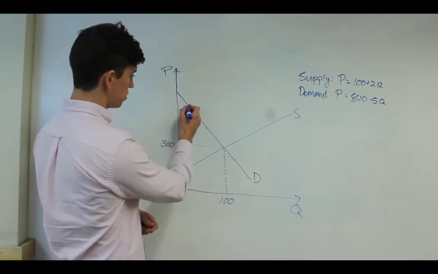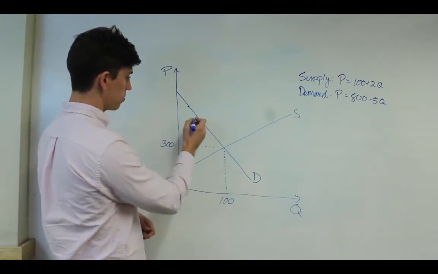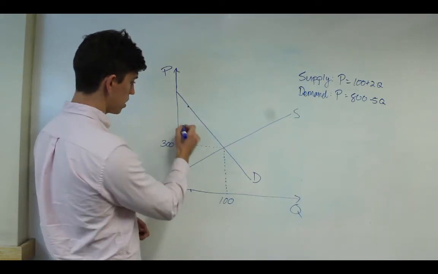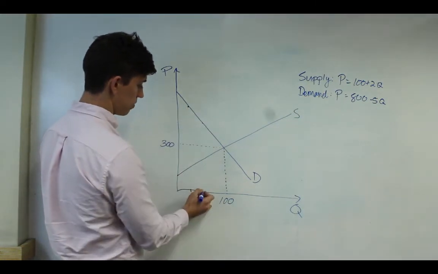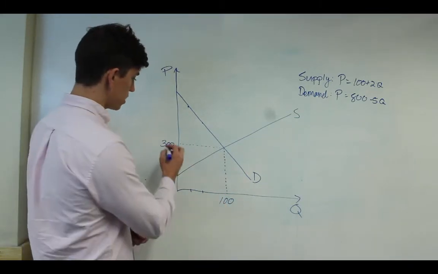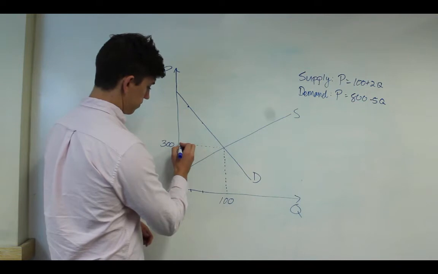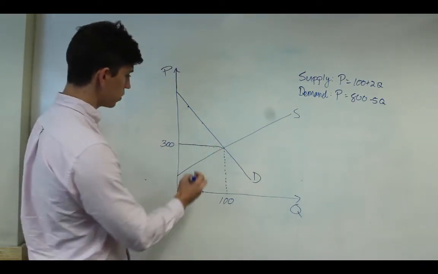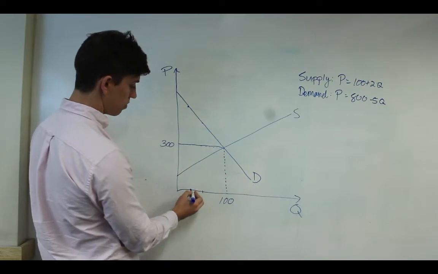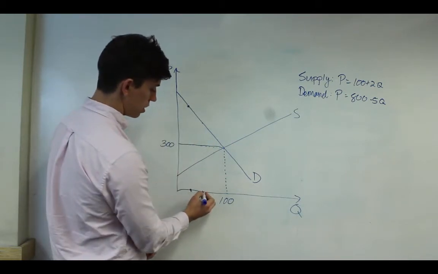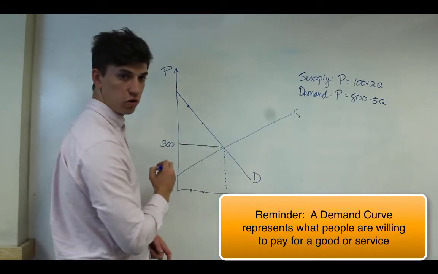At this price, people are willing and able to buy this quantity, and so on and so on. So the idea is that when the price is 300, people would be willing to pay this much for this unit right here, and at this quantity, they'd be willing to pay that much for it.